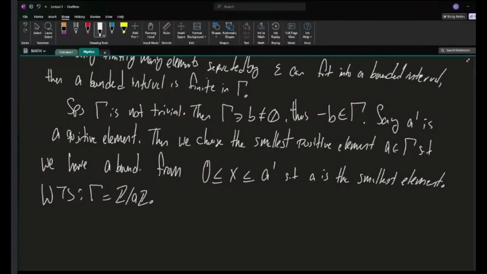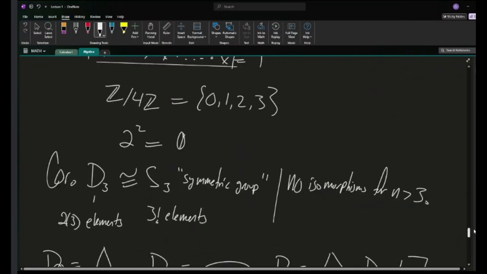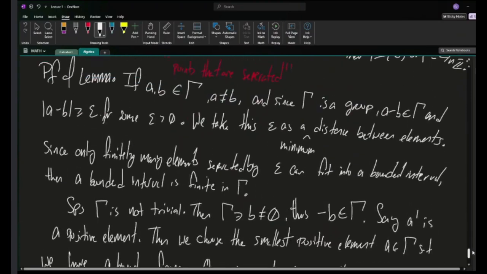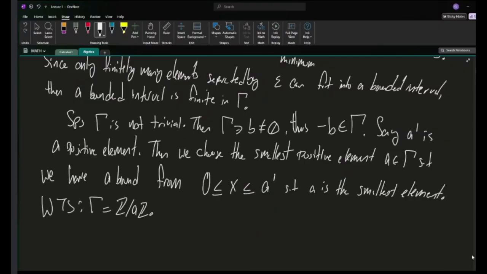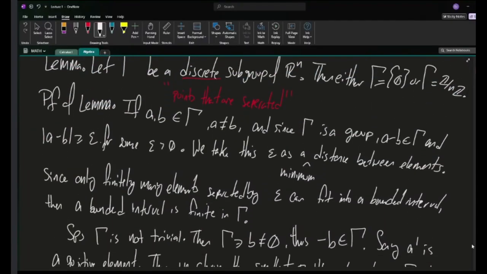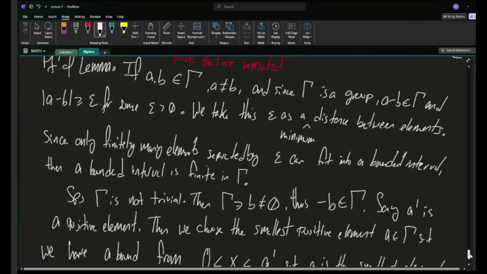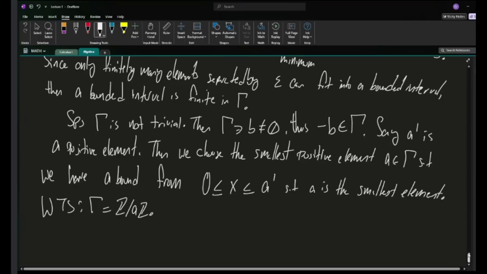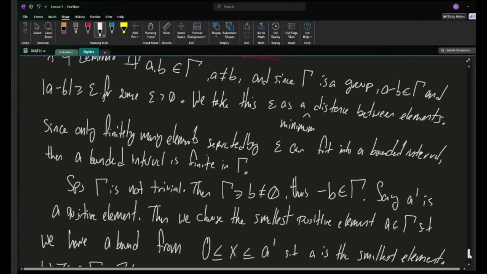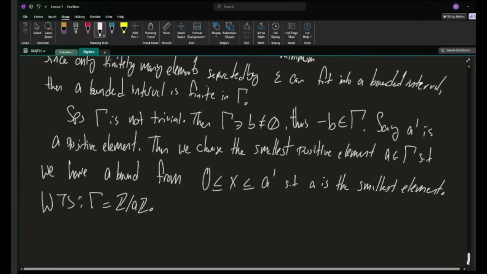Does a prime being a positive element mean that all of its coordinates are positive? We're specifically dealing with the real numbers, so yes.